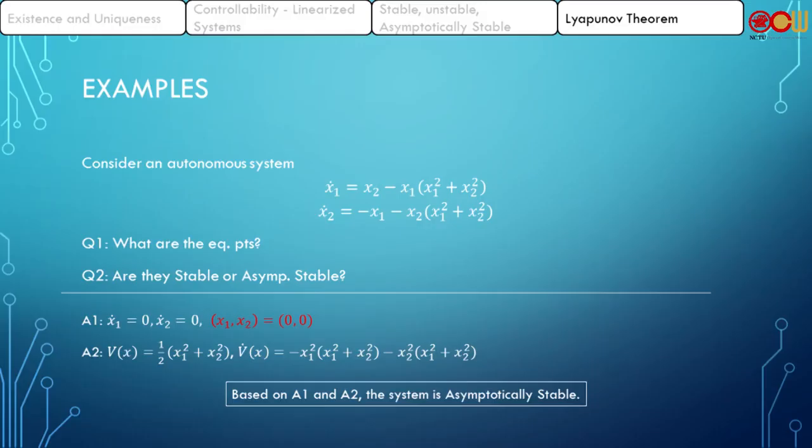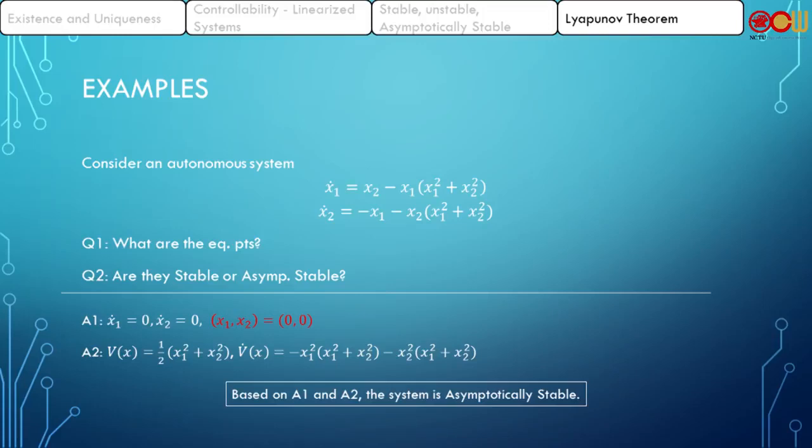Okay, another example. Given a dynamics, an autonomous system, x1, x2 in a 2D space, x1 dot and x2 dot are described by these ODEs. Is this system stable? This is usually an engineering question, right?